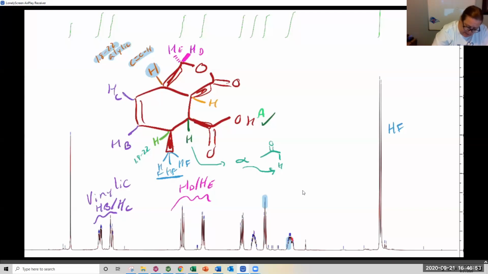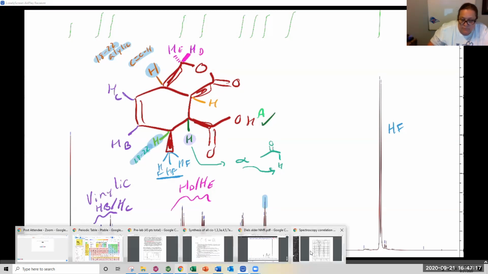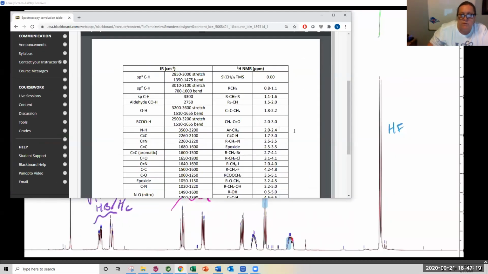This proton here is also an allylic proton. So we would expect a similar chemical shift. Then we have this alpha proton right here. And again, according to my correlation table, it looks like this.